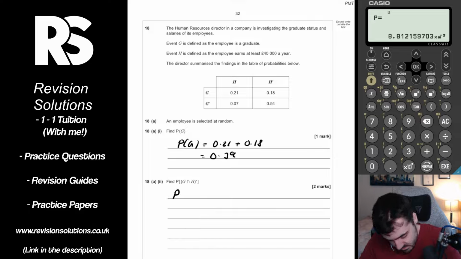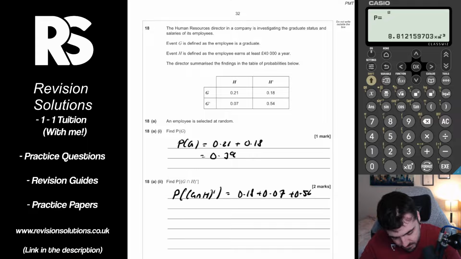So the probability of G intersection H complement would be 0.18 plus 0.07 plus 0.54, which is 0.25 plus that, which is 0.79.